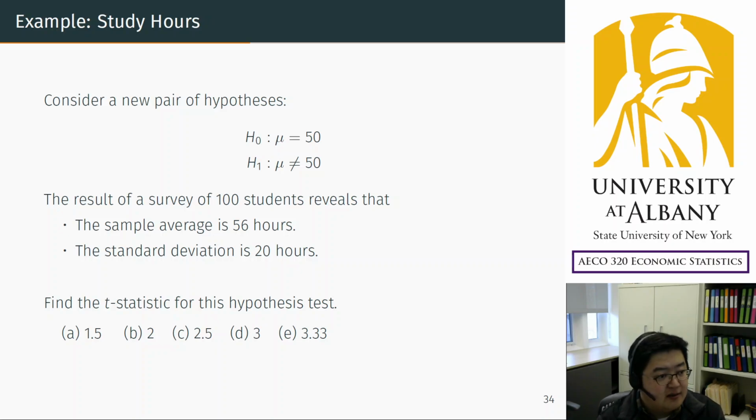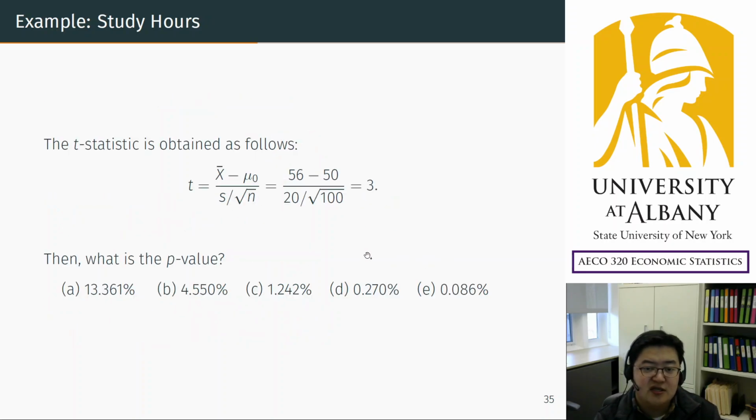It should be easy enough to calculate. It's a standardization. So your belief is 50 hours, your observation is 56 hours. So the difference is plus 6, and you standardize it using the standard deviation divided by the square root of n, because we are thinking of the sampling distribution. So in the end, the t-statistic, the standardized difference, is now 3.